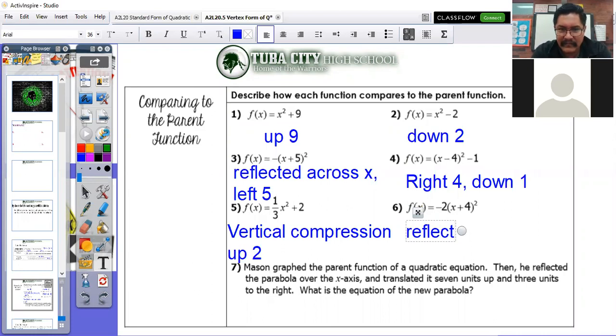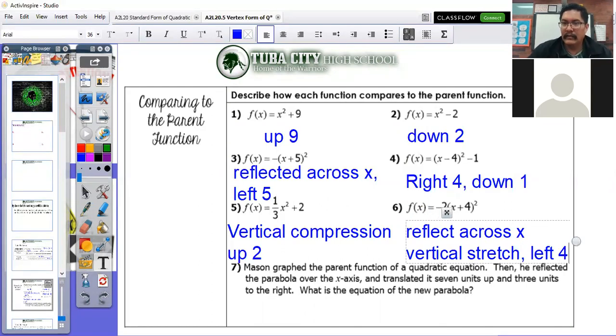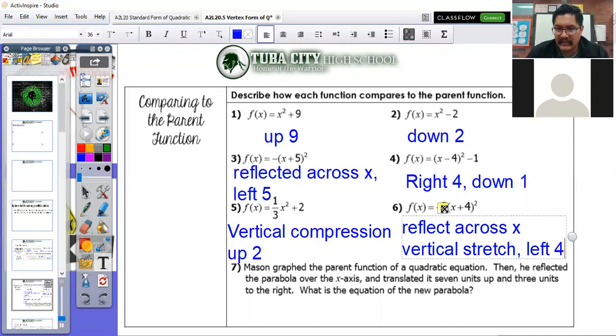Is that how you spell it? Yeah, I guess that is. Just the font looks different. And left 4. So reflected across the x-axis, a vertical stretch, and has moved left 4.